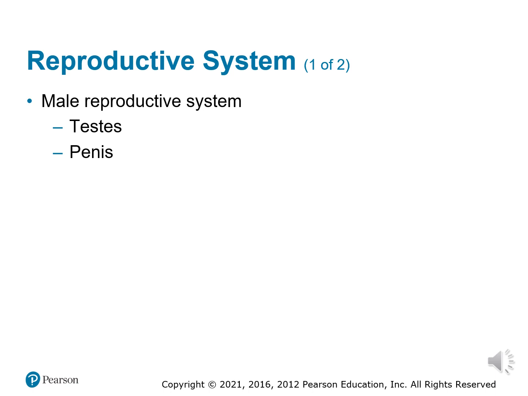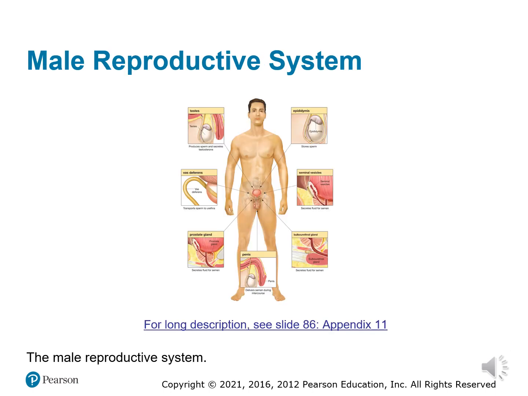The penis is the external reproductive organ of the male and is used for both sexual intercourse and urination. Here is a diagram of the male reproductive system.